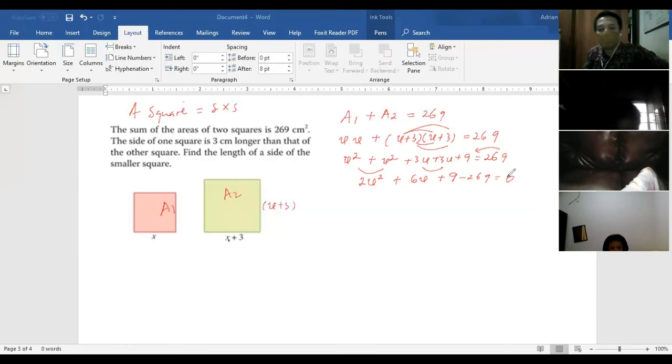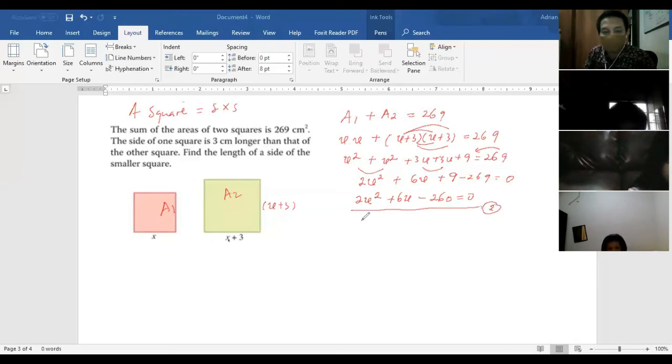Very simple, right? So 2x squared plus 6x minus 260 equals 0. Is it clear? Okay. You can simplify this equation by dividing the equation by 2, right? So you'll find x squared plus 3x minus 130 equals 0.